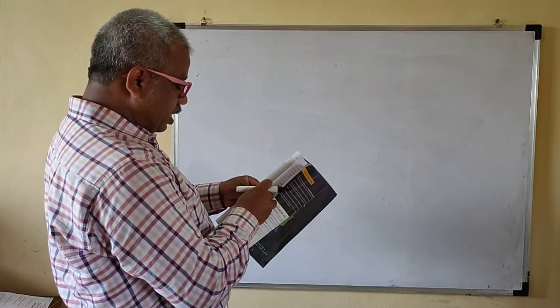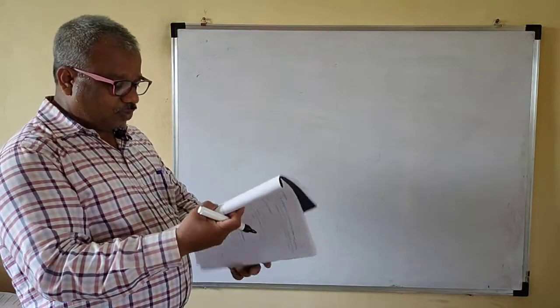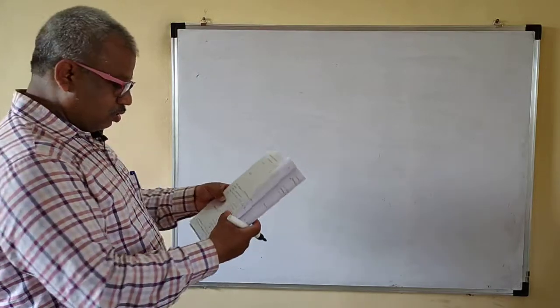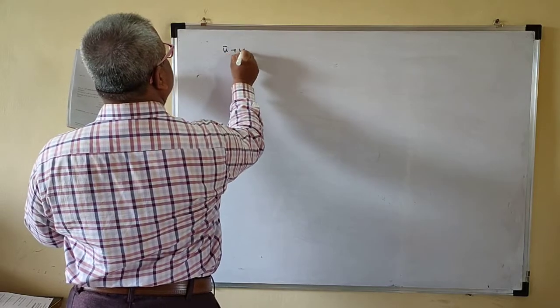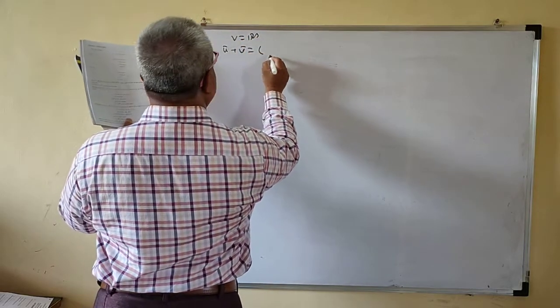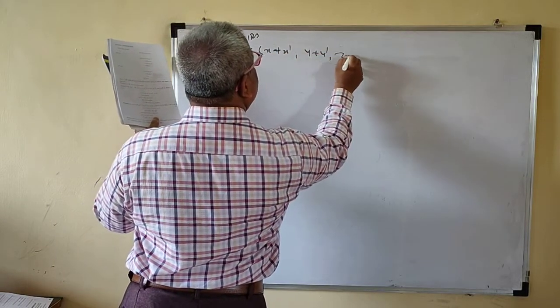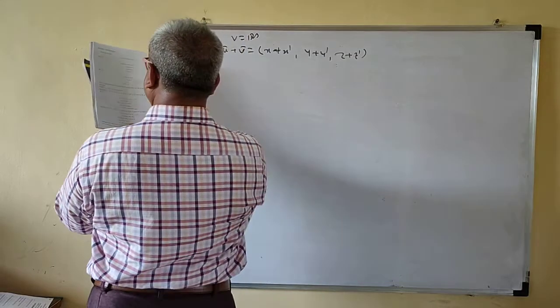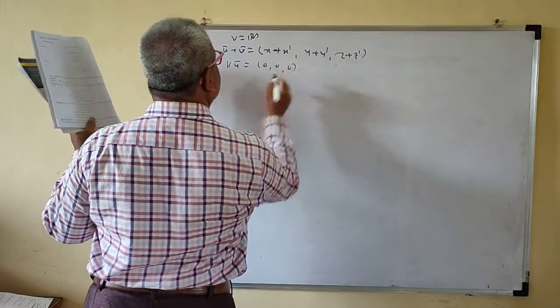We are revising each and everything here. Now suppose ū plus v̄, where V is equal to R3, and the operations are defined: x plus x', y plus y', z plus z'. And kū is equal to 0, 0, 0.